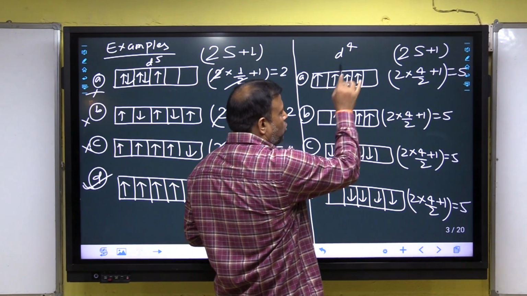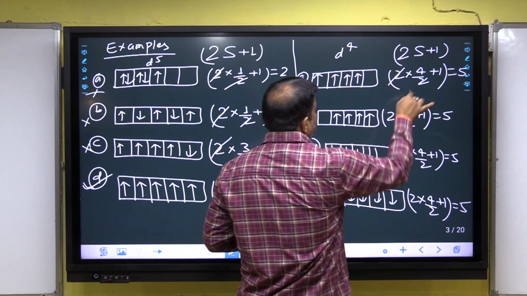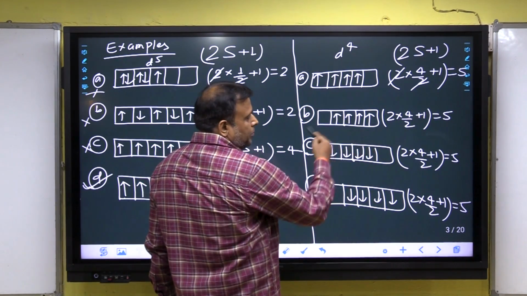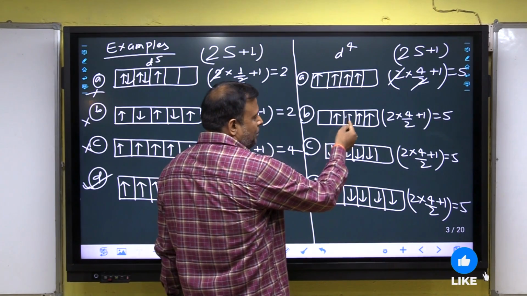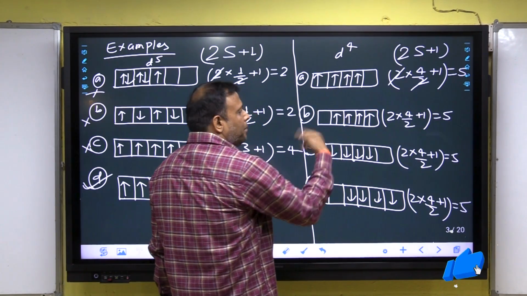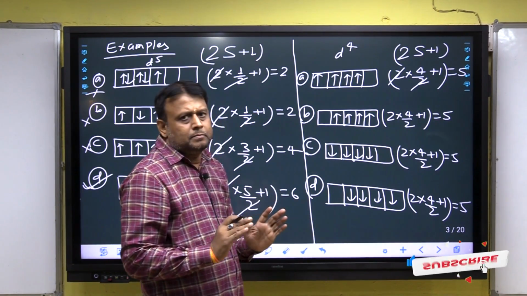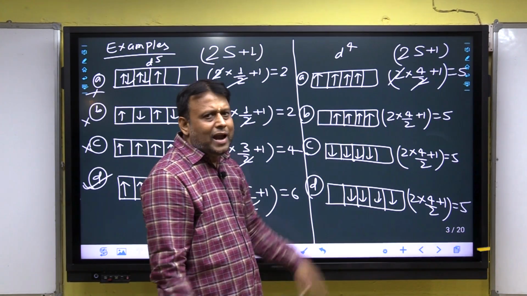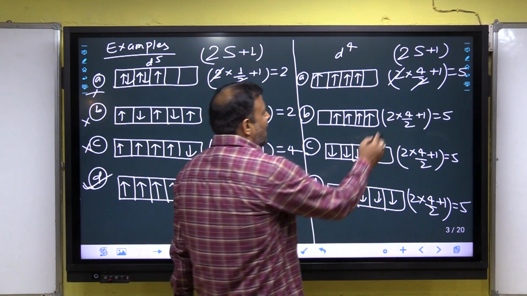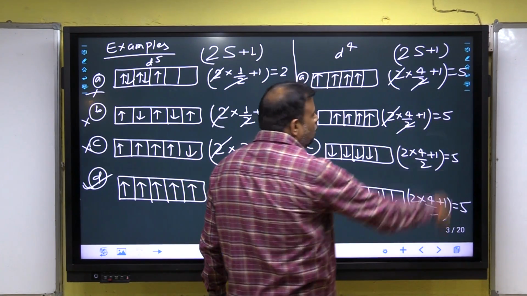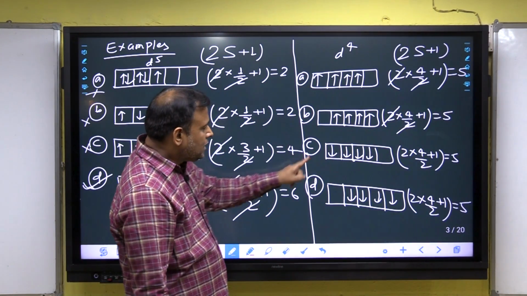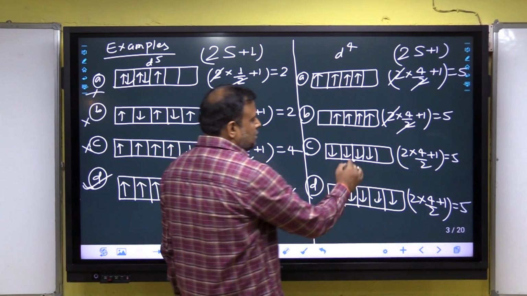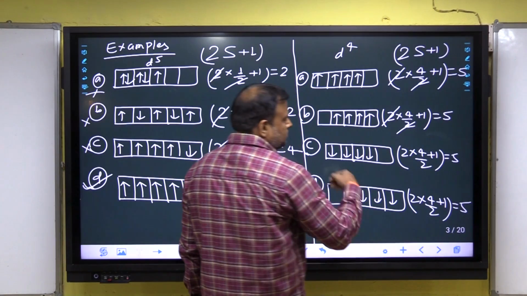That means 4 by 2, and 2 into 4 by 2 plus 1 will be 5.